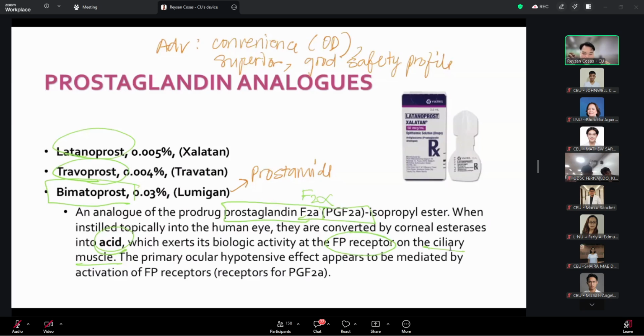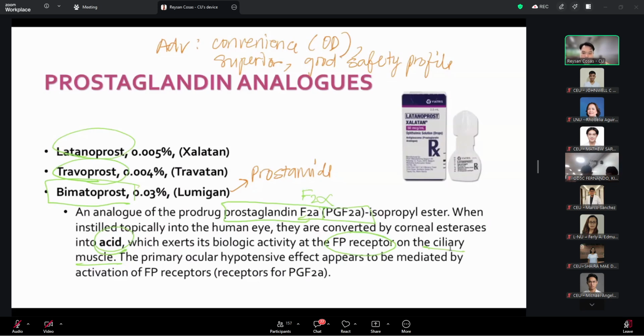Okay, so those are the three advantages of the prostaglandin analogs: the convenient use as once daily administration, superior efficacy, and then good safety profile. That's why right now the prostaglandin analogs are considered as the first line treatment for most patients with open angle glaucoma or those with ocular hypertension.